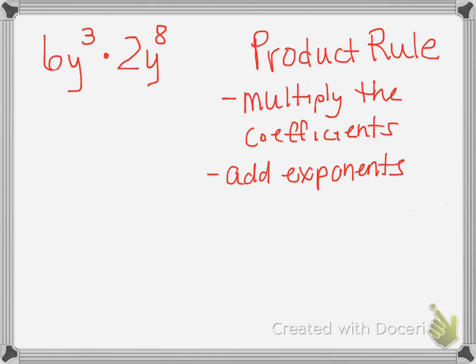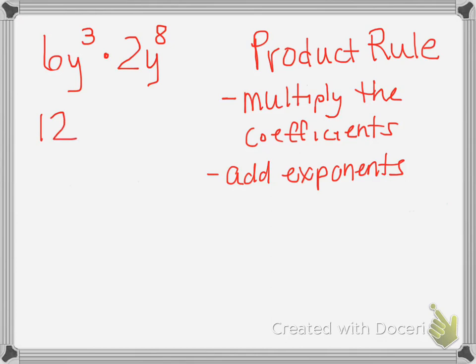To begin evaluating this expression, we are first going to multiply the coefficients. 6 is the coefficient in our first term, and 2 is the coefficient in our second term. Multiplying them together, we end up with 12.